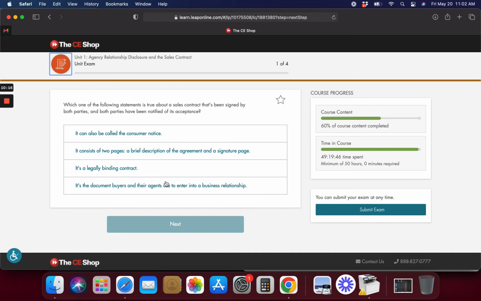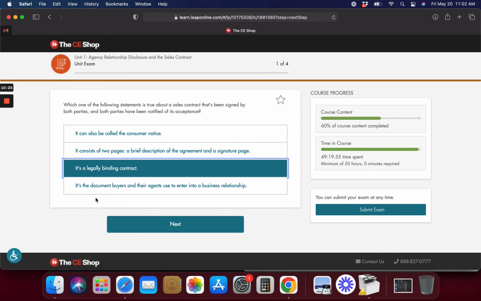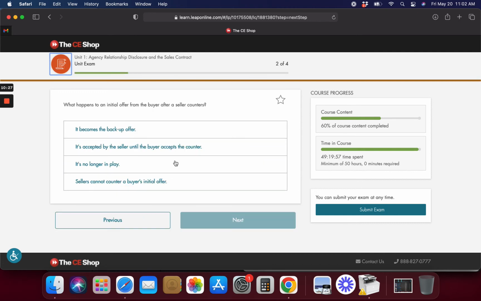Okay, which of the following statements is true about the sales contract that has been signed and both parties have been notified of the acceptance? It is legally binding. What happens to an initial offer from the buyer after a seller counters?